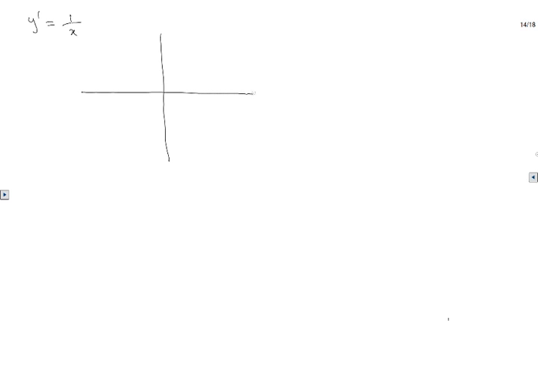That means when you have a smaller value, it is steeper. As the value gets larger, it's going to be less steep, and much less steep further out.